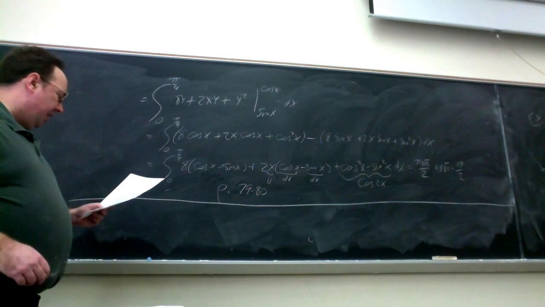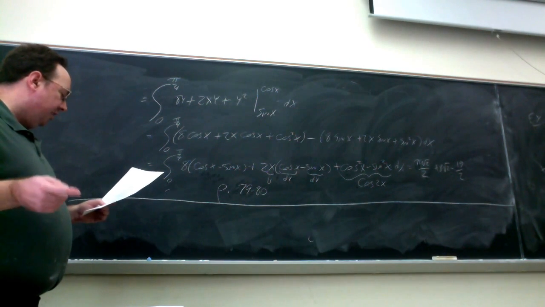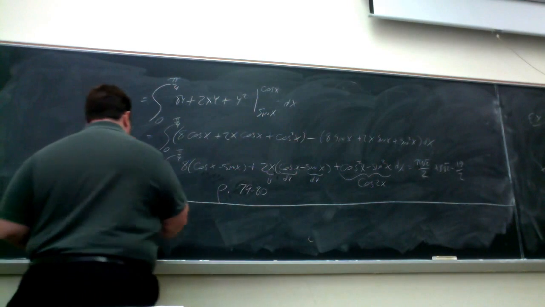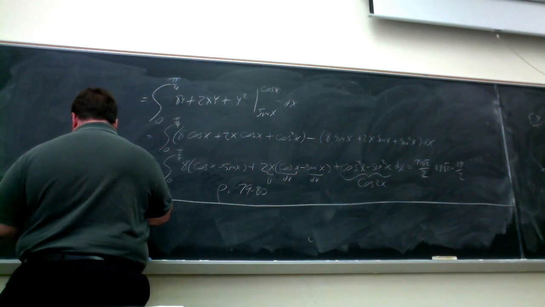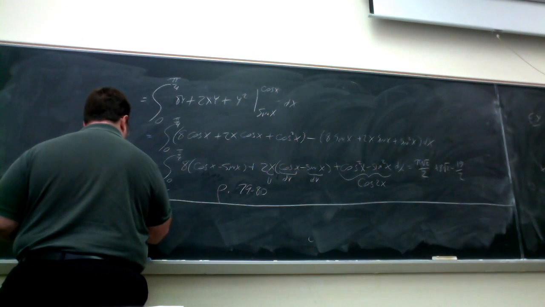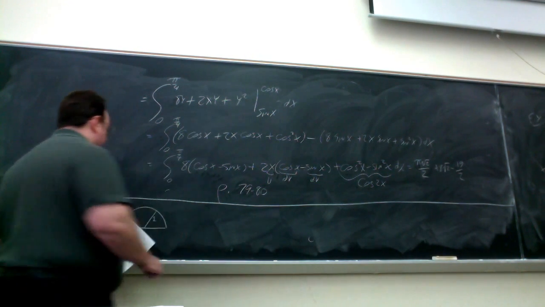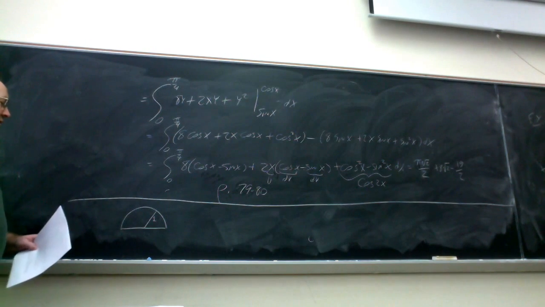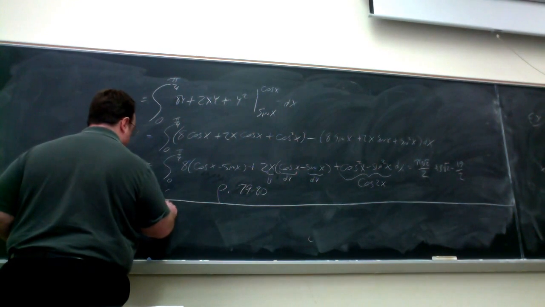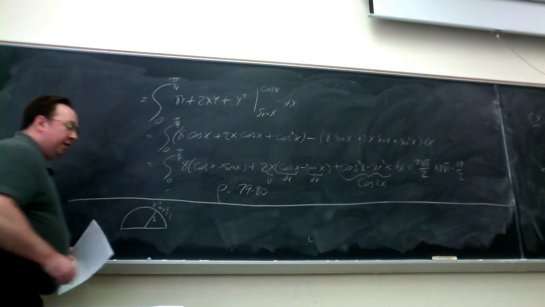Now, I mentioned before, if you're integrating 1, that gives you area. So for instance, if we have the top half of a unit circle, so radius 1, so this is x squared plus y squared equals 1.